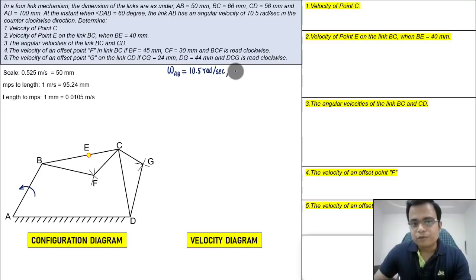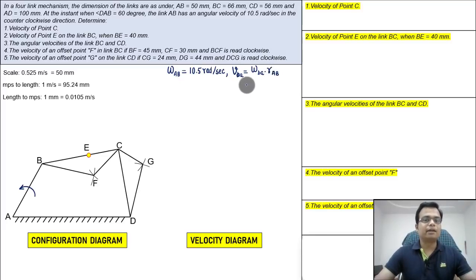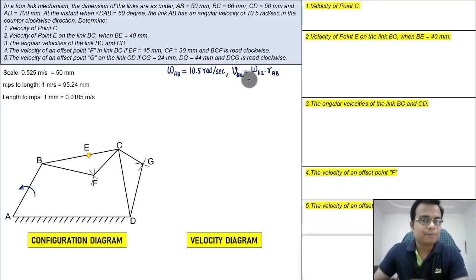Now we know that the velocity of this link AB or BA is equal to omega multiplied by the radius, the length of the link itself. V is equal to omega r. Linear velocity is equal to angular velocity multiplied by the radius.